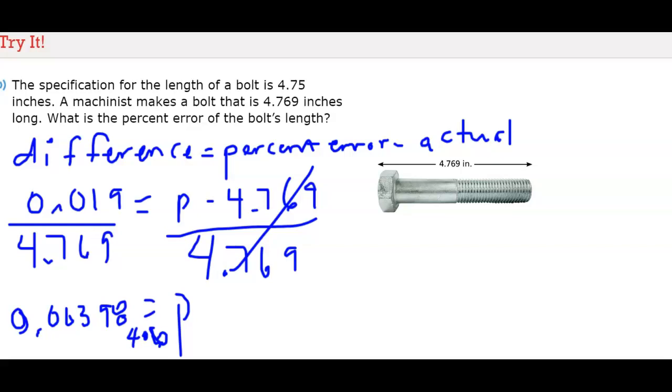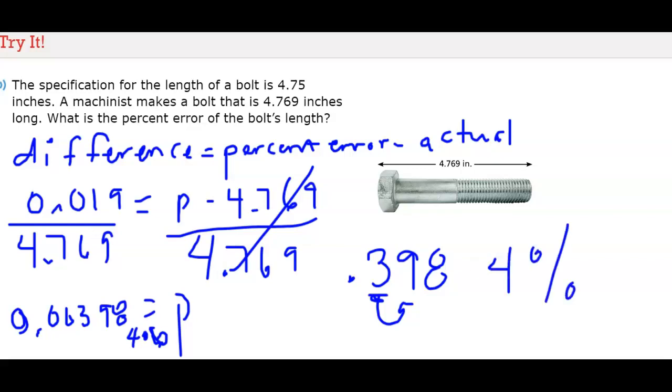So we're going to take that number and multiply it by 100. And we get 0.398. And we're going to round to the nearest percent. And then we'll get 0% error.